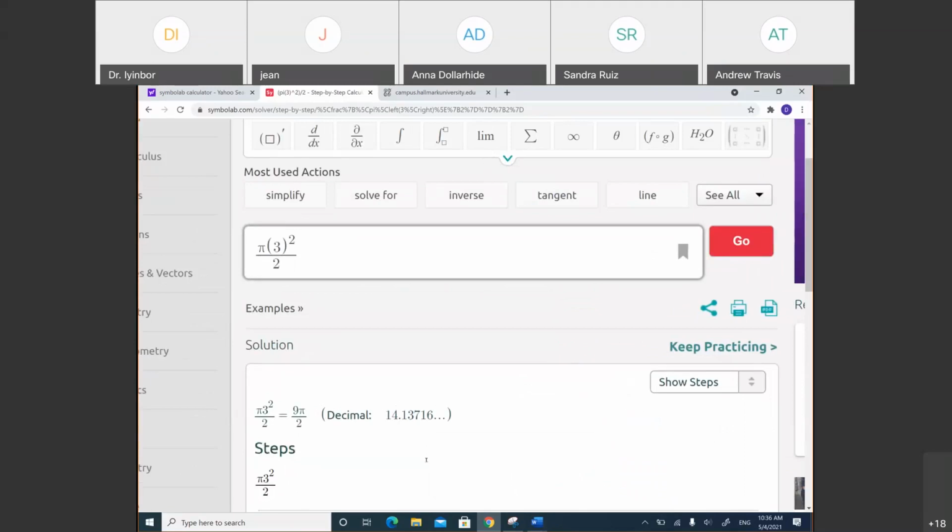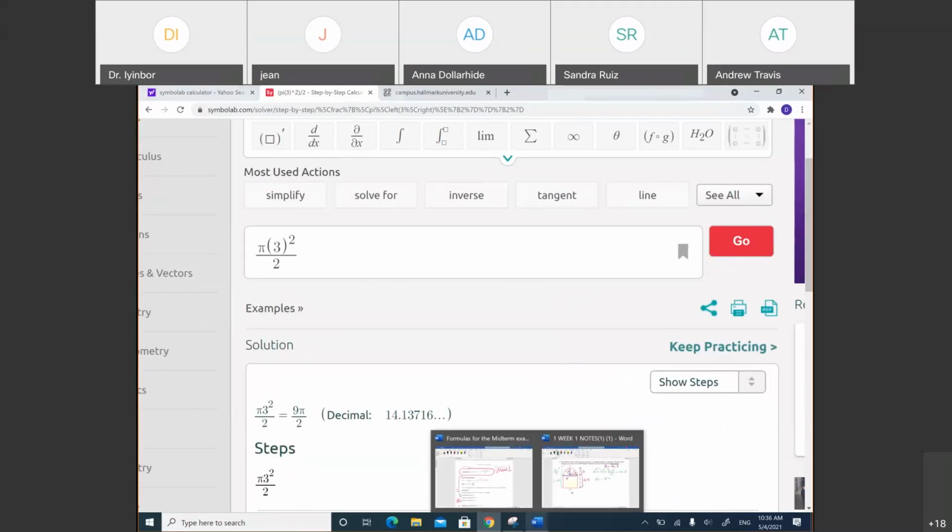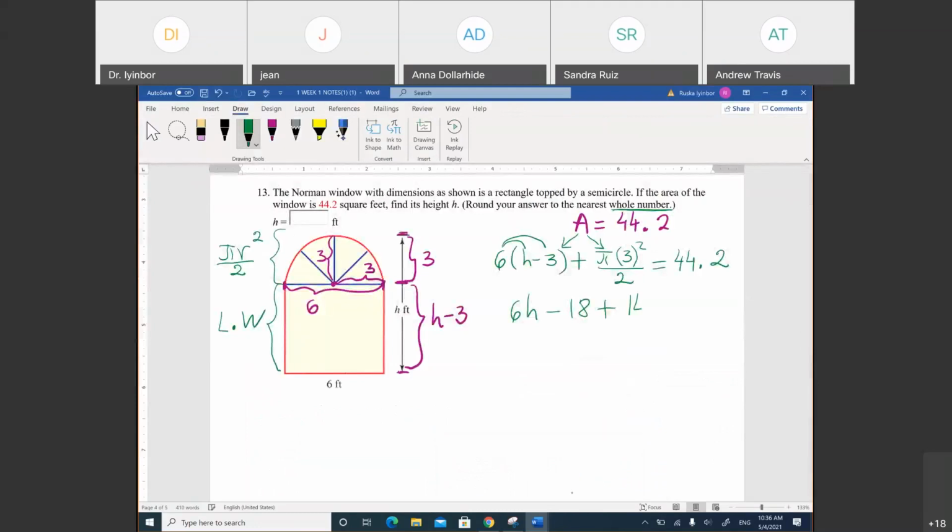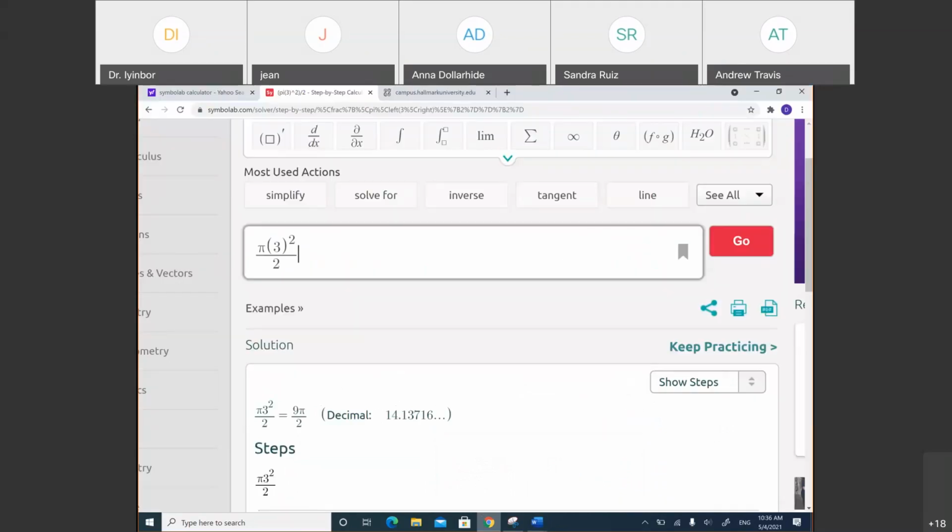So when you round 14.14, equals 44.2. And then you're going to add those two numbers, so technically you're going to do 14.14 minus 18. So let's see, what is that?